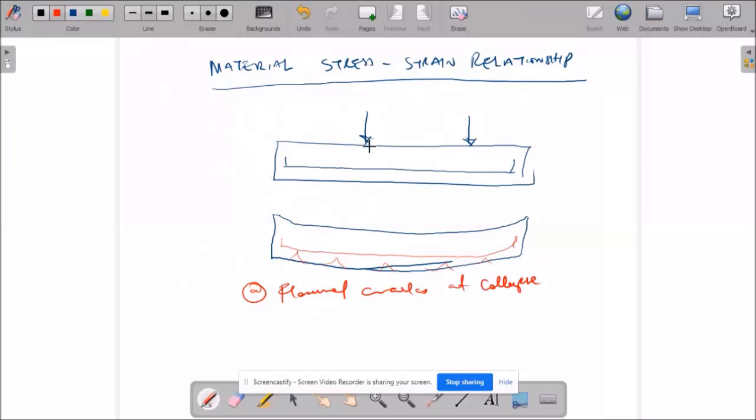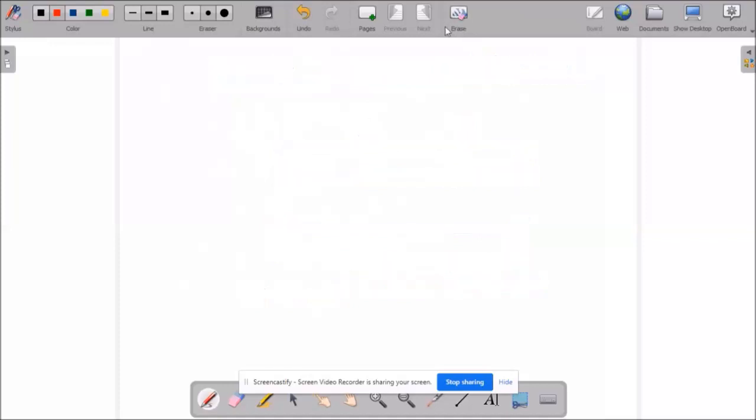So from this, we go ahead to draw. We're still talking about material stress strain relationship.